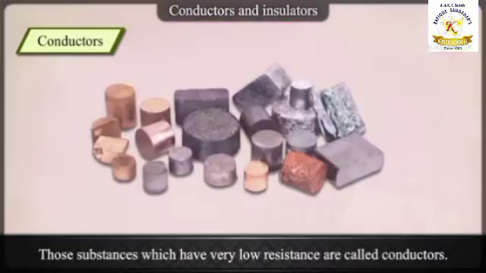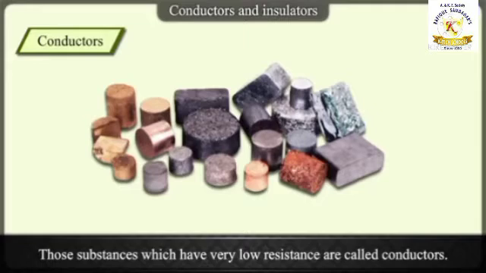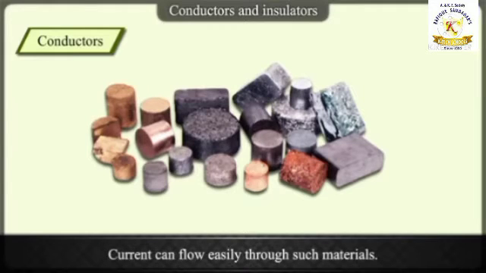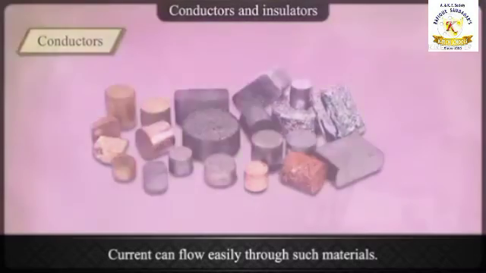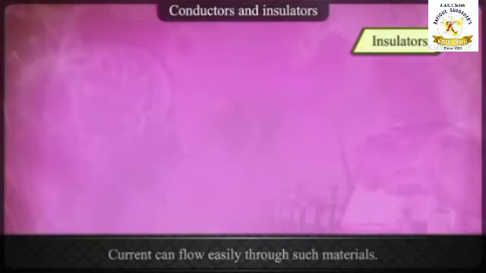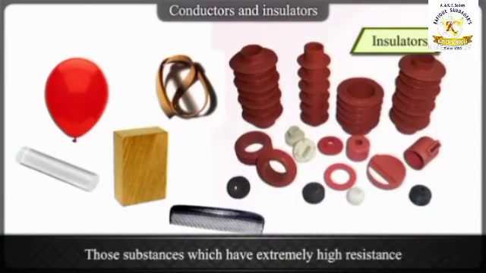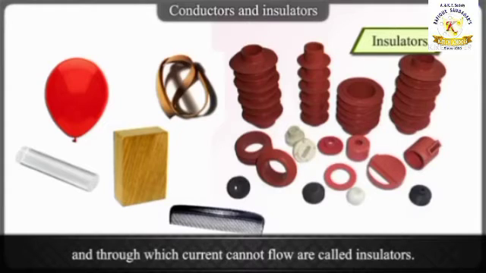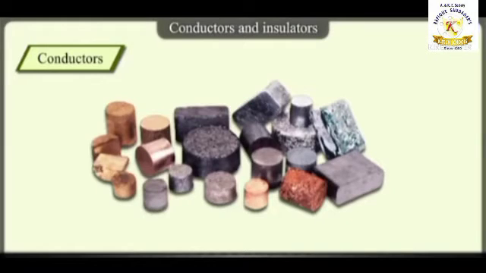Those substances which have very low resistance are called conductors, and current can flow easily through such materials. Insulators are those substances which have extremely high resistance and through which current cannot flow. So, what is the difference between conductors and insulators?